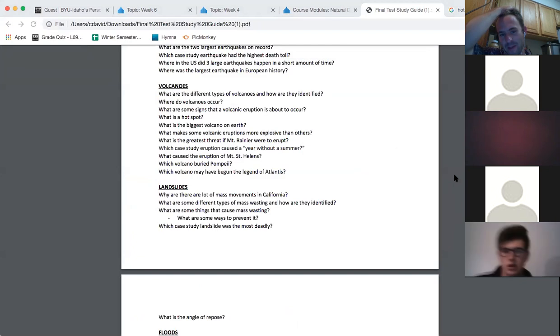What is the biggest volcano on Earth? See if you guys can get it. So we're talking, and yeah, a shield volcano is one of them. But what is the name of it?